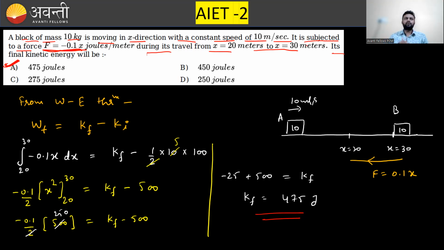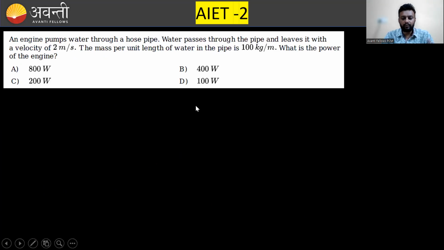So whenever a question in mechanics is asking for velocity or the kinetic energy, try to find a way to apply the work energy theorem, and in 99% of cases, your question will be done. I think this question is clear to you. Moving further to the next question.